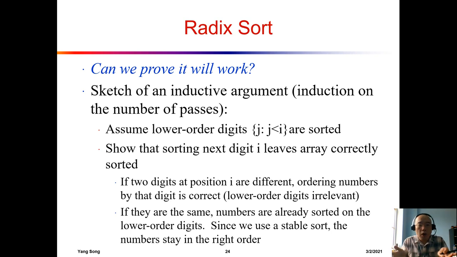So far on the digit i, it doesn't matter whether those two values have the same digit or not. We can prove that so far we have been doing a safe job in sorting all the values using the Radix sort. Okay, so this is how we can prove the correctness of the Radix sort.